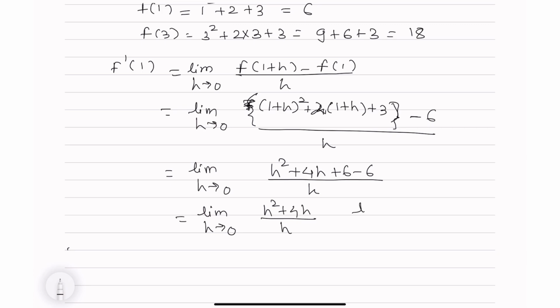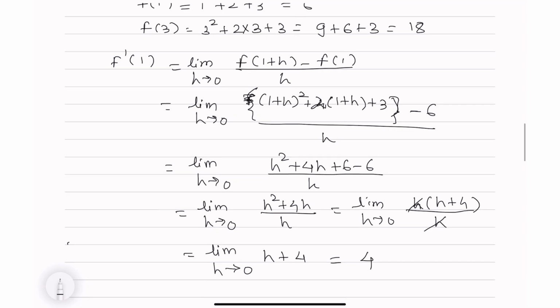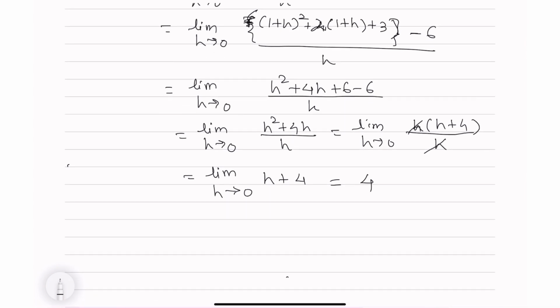Here we take h common: h into h plus 4 divided by h. So limit h tends to 0 of h plus 4 is equal to 4. So the answer is, derivative at 1 is equal to 4.